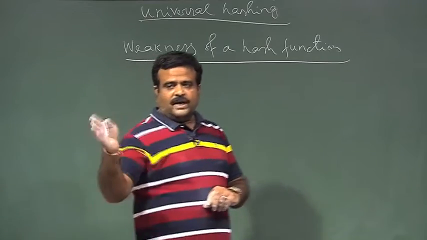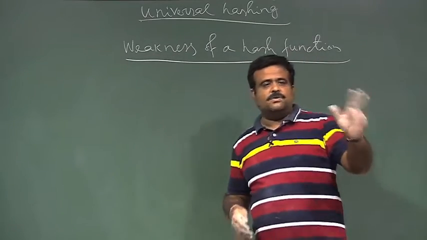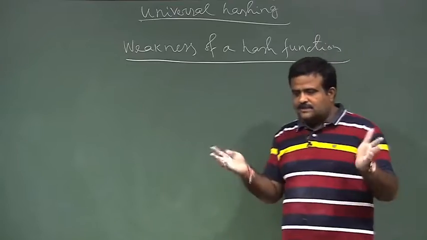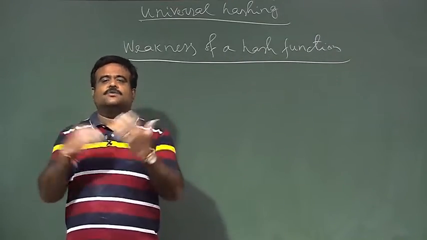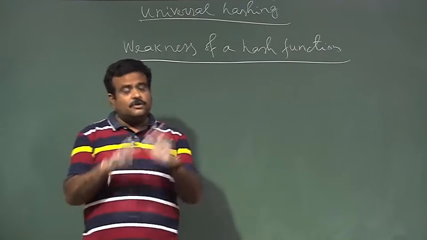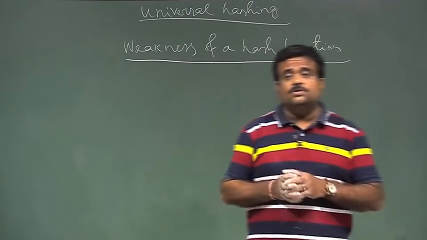IBM will give your hash function to team B and team B's hash function to team A, and ask them to find the set of keys where it is colliding. It is always possible to do this, because we know there will be collisions.